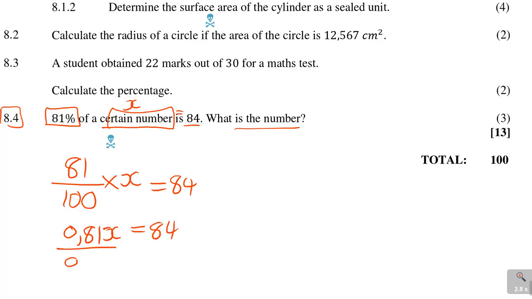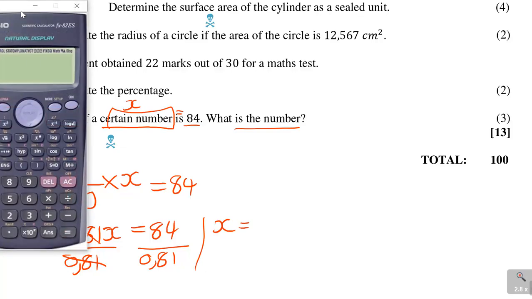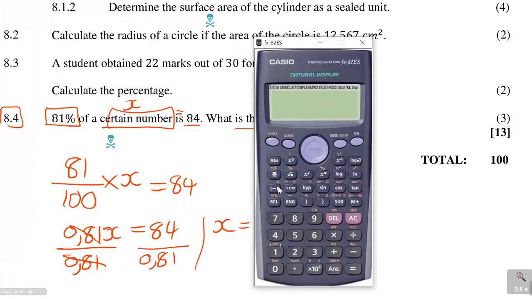So that you can divide now by 0.81 over 0.81. When you do that, you'll get your x to become, in this case, 84 divided by 0.81.